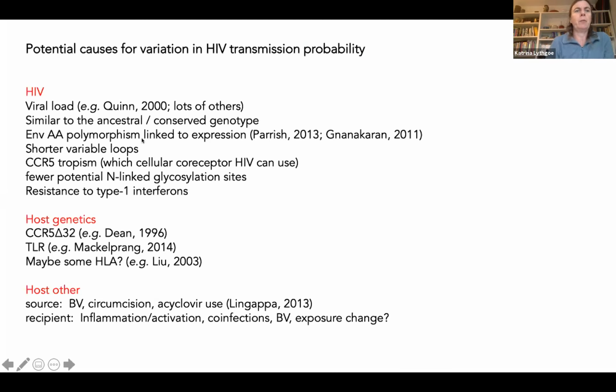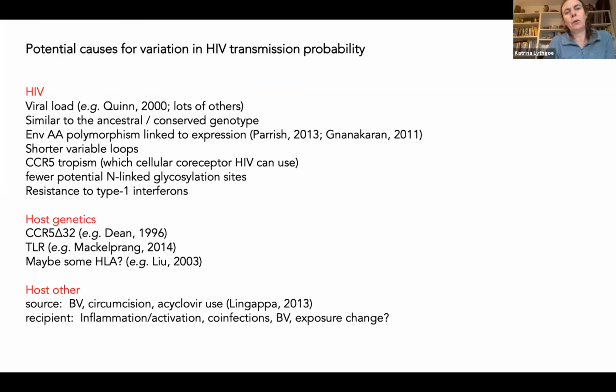If there are viruses with fewer N-linked glycosylation sites, and N-linked glycosylation is thought to protect the virus from antibody responses, and as I was saying before, resistance to type 1 interferons. There's also plenty of evidence that host genetics are important, and host genetics either protect you from infection altogether, like Delta 32, or that they might protect you from infection from particular types, particular variants.